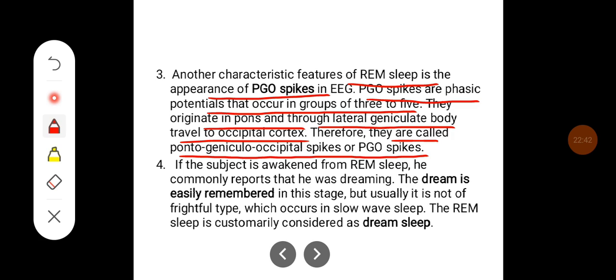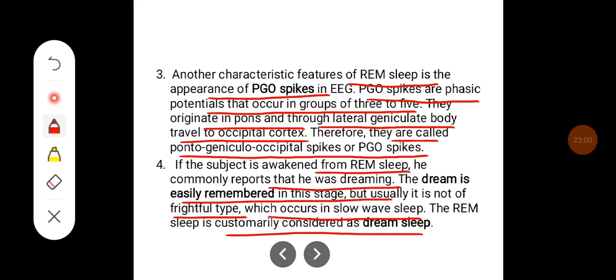If the subject is awakened from REM sleep, he commonly reports that he was dreaming. The dream is easily remembered in this stage, but usually it is not of frightful type, which occurs in slow wave sleep. The REM sleep is customarily considered as a dream sleep.